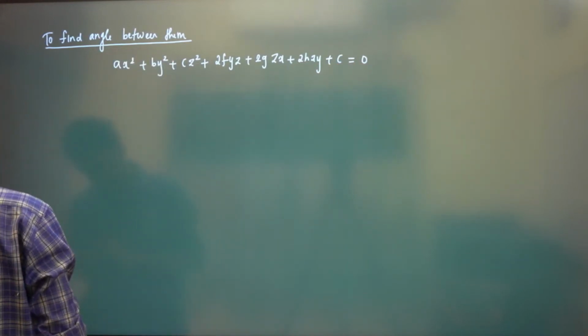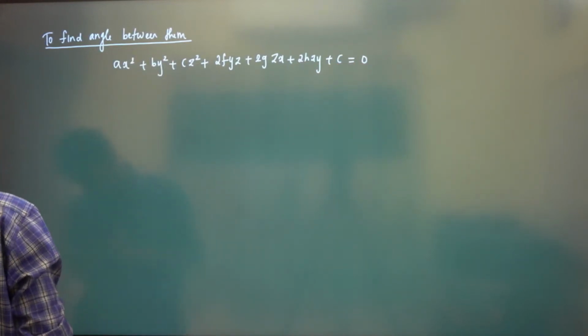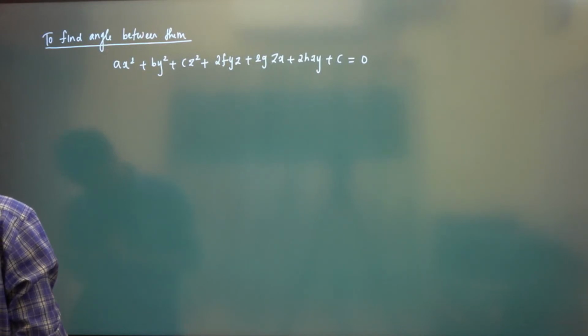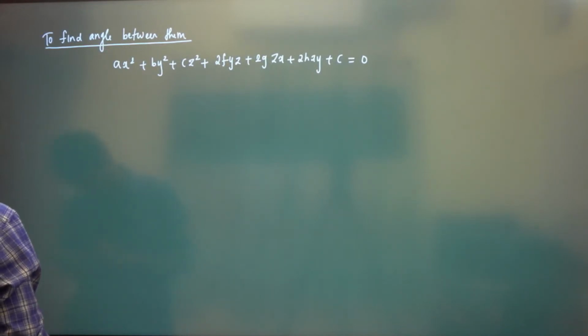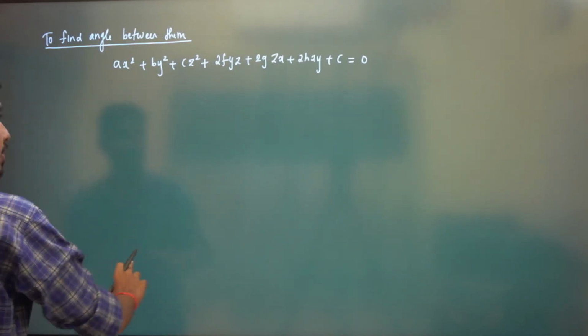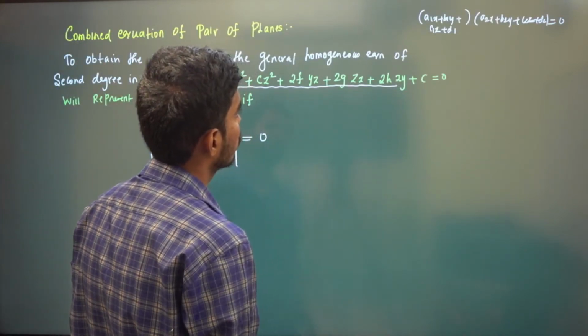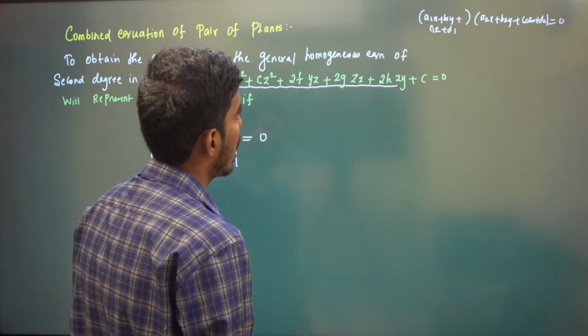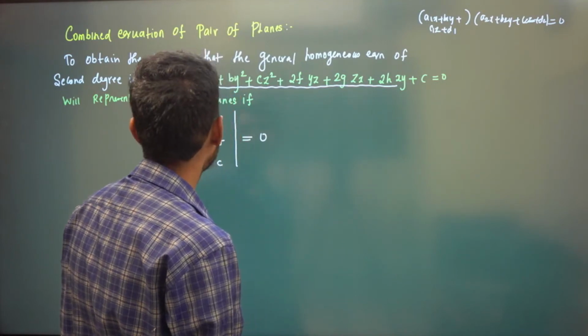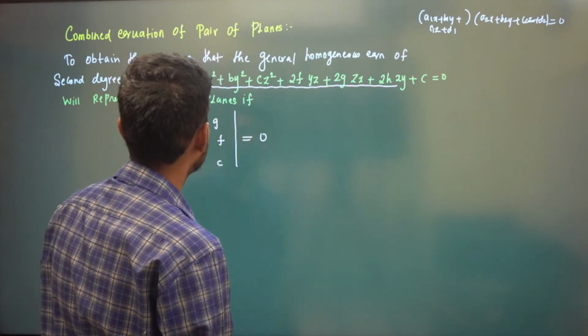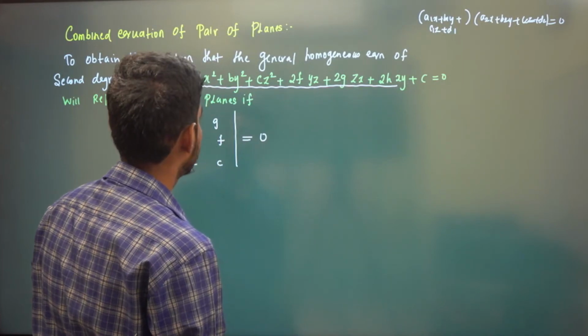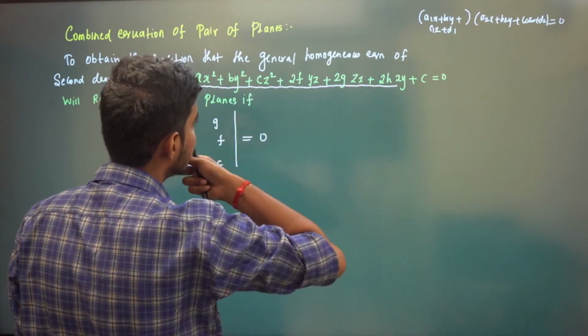Now this will represent a pair of planes. I think there will be no plus c here.